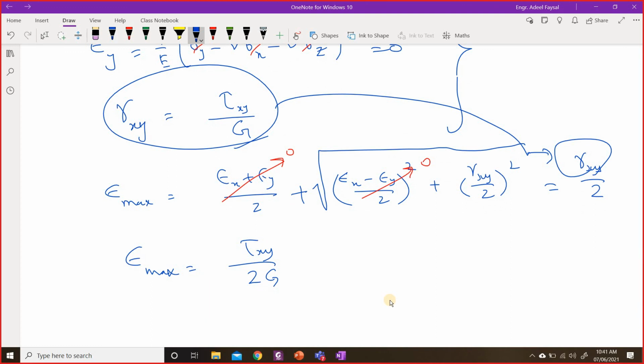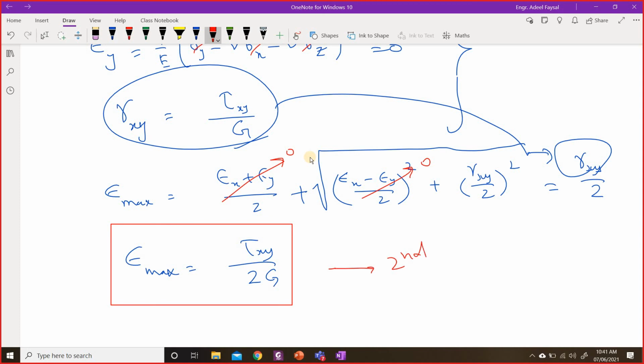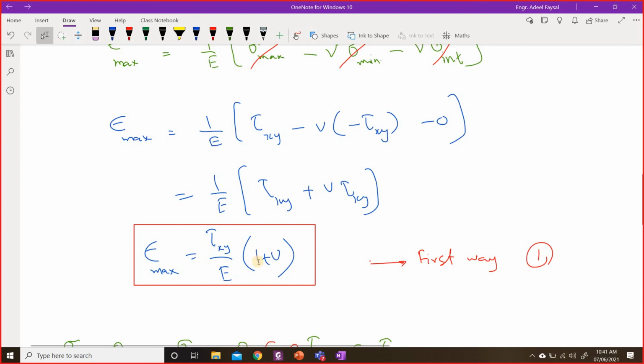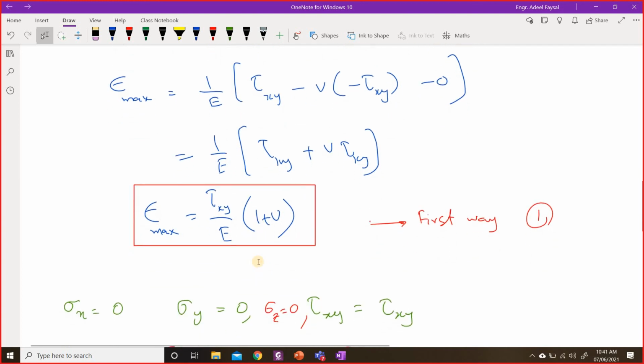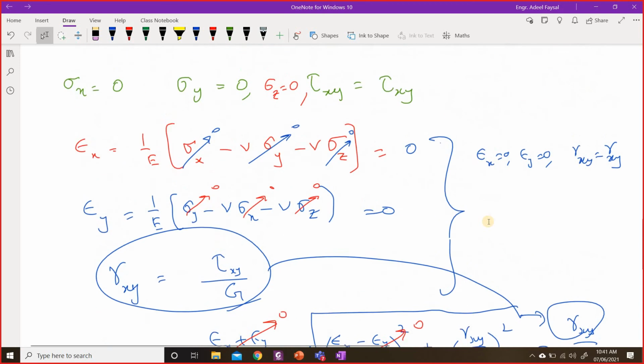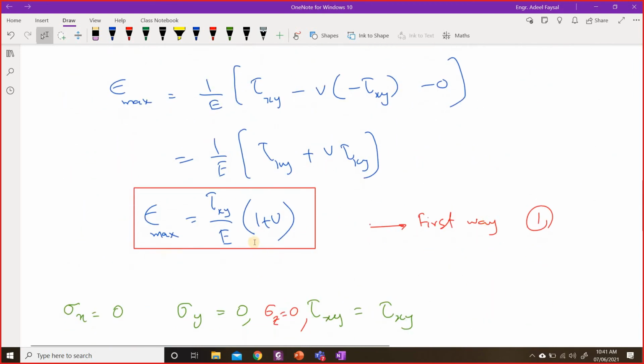Now this was the second method. We have applied the second method also, and we have got this expression, epsilon max equal to tau xy divided by 2G. Call it equation number 2. Now if you look at equation number 1, epsilon max equal to this by the first method and epsilon max equal to this by the second method, we can relate them.